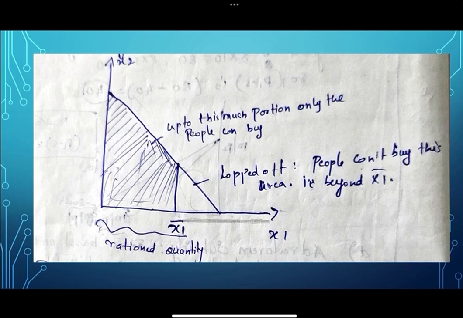The consumer has to purchase only up to the shaded portion. If the consumer can't buy beyond the x1 bar, that is called the lopped off area. People cannot buy this area, or cannot buy x1 goods beyond the x1 bar. That is the meaning of rationed.